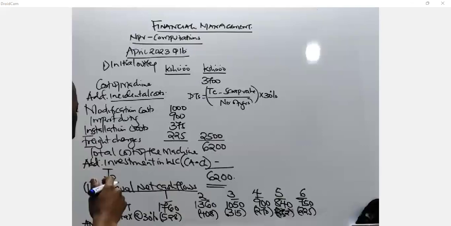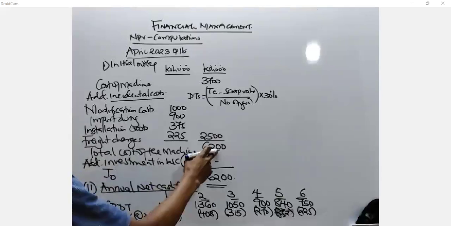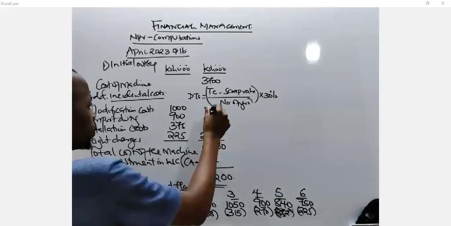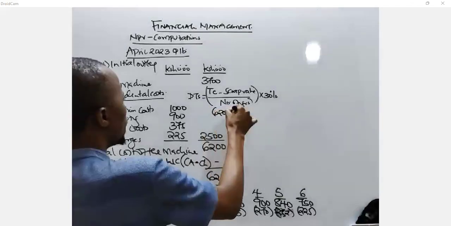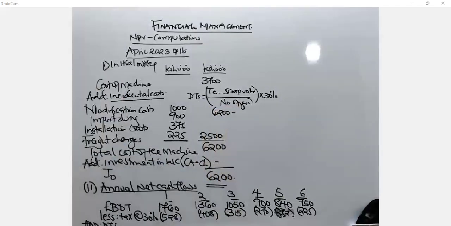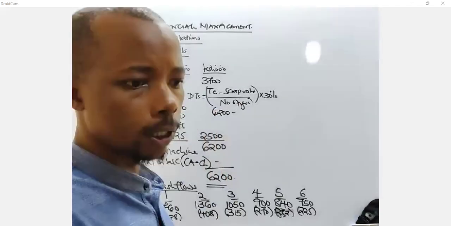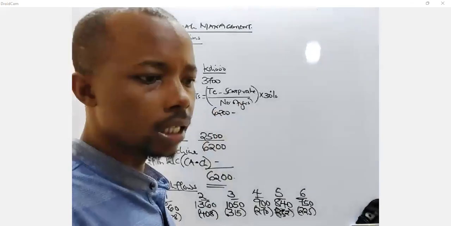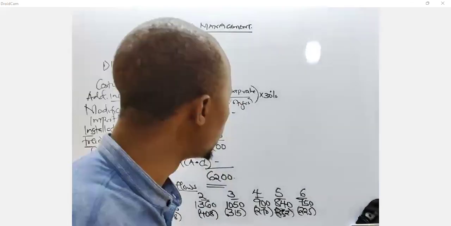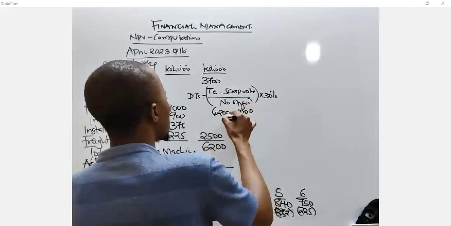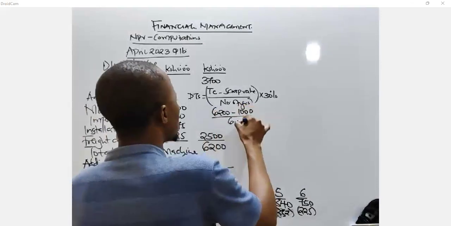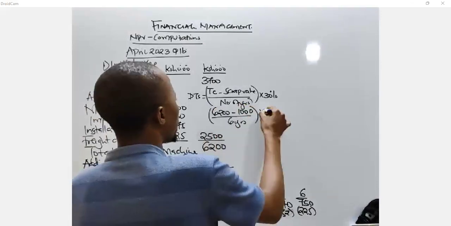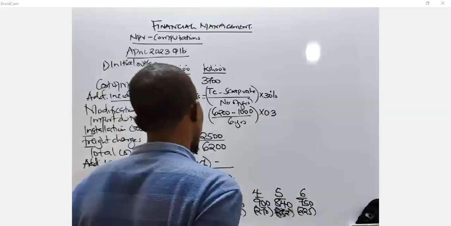So if I do the first year, for example, you don't take the initial cost, you normally take the total cost of the machine. So in our case here it is 6,200 minus, what is the scrap value from the question? I can see we are being told that the machine has a useful life of 6 years and a salvage value of 1 million. In our case it is 1,000, divided by 6 years. Then you multiply by 0.3.